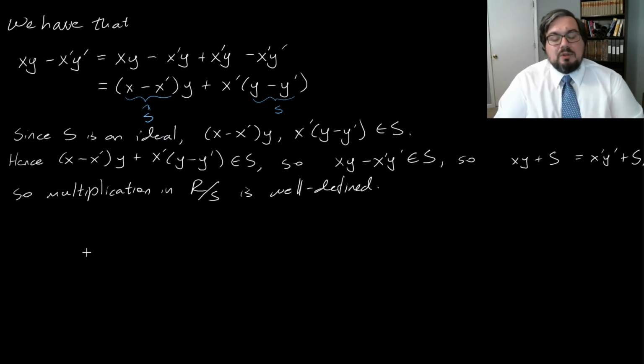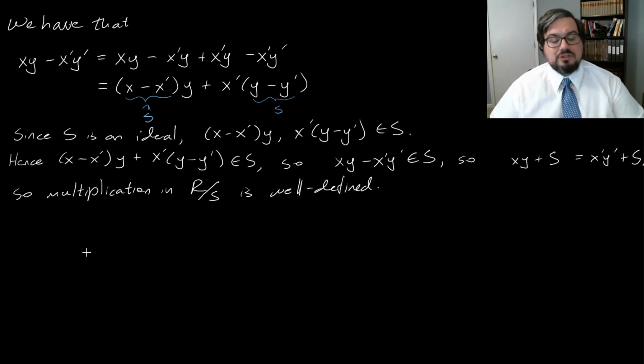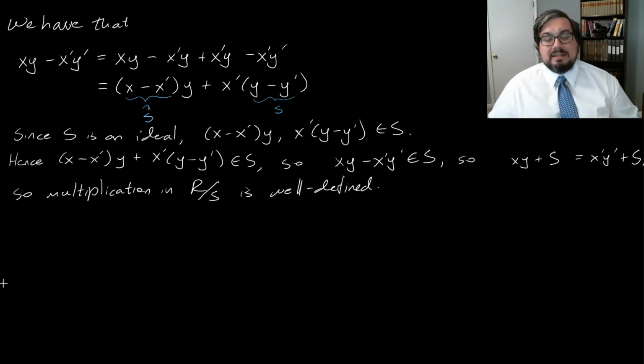Now, proving that the multiplication in R mod S is associative and distributive over addition is a straightforward exercise that is just based on the fact that multiplication in the original ring R is associative and distributes over addition, and the fact that multiplication in the factor ring is defined in the same way as multiplication in the original ring.